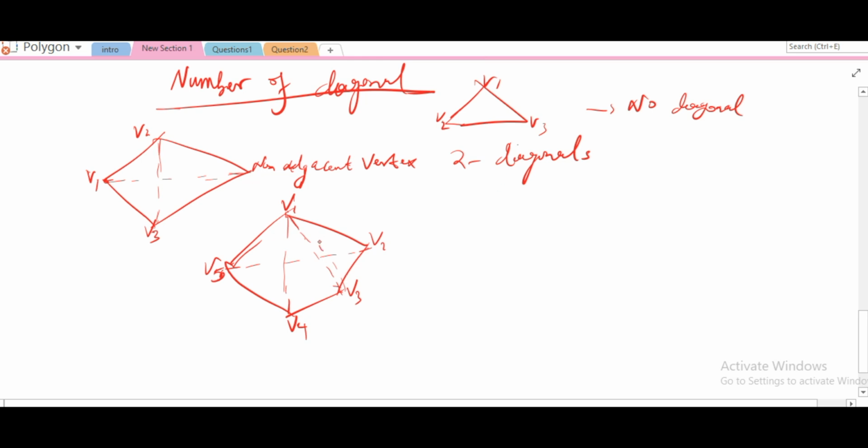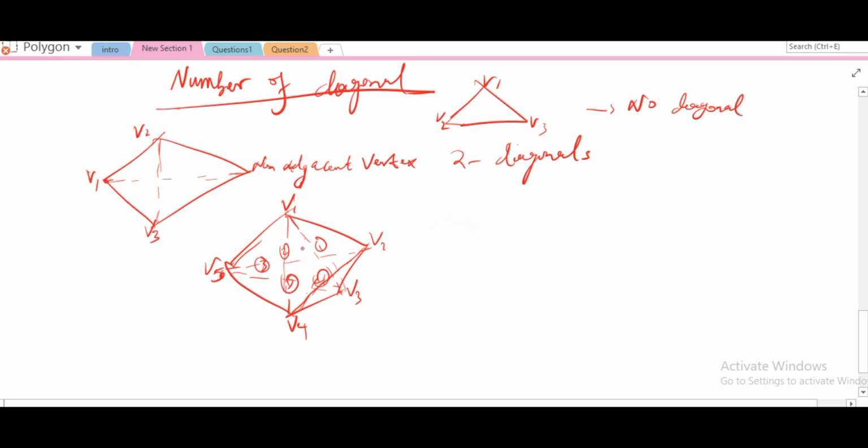this 1, this 2. So this 3. This 4. Finally, this 5.